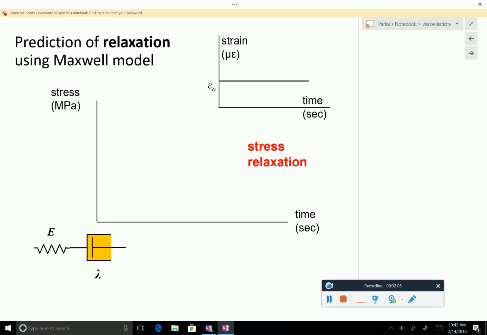Try to see if you can, I want to give you maybe 30 seconds to think about it. Where you will start. Write down the equation for the Maxwell model for strain and see what happens when strain is constant.